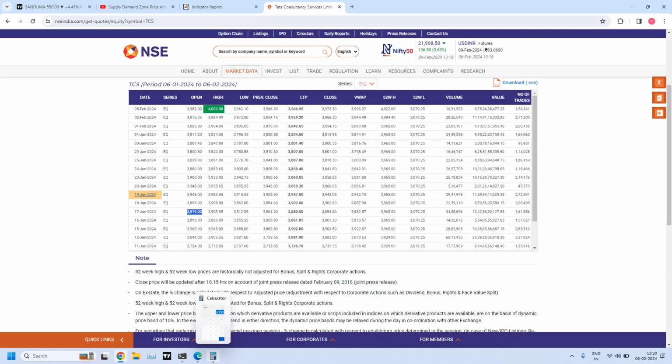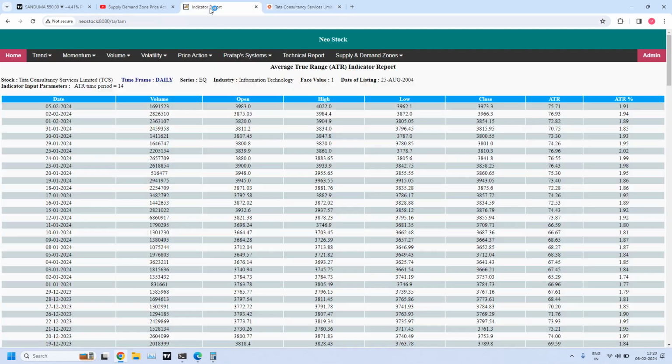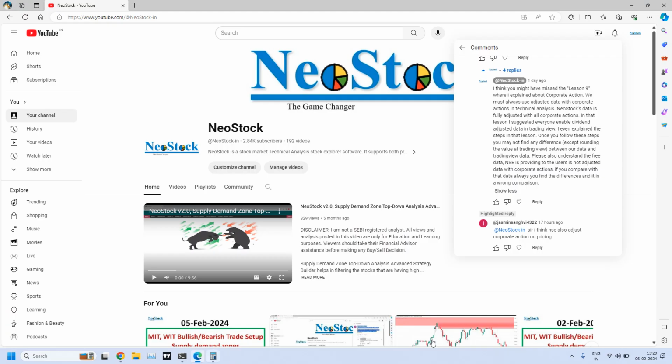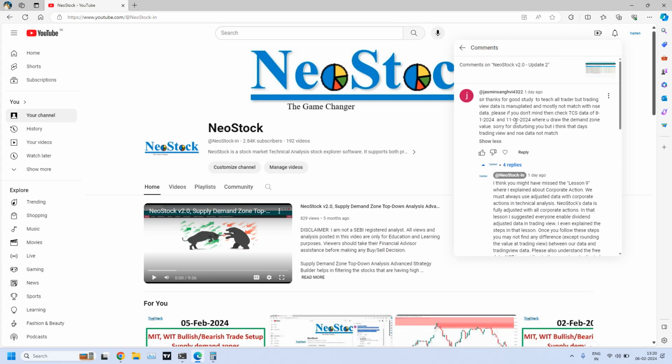So is it clear now? The dividend value is adjusted, and the adjusted value is showing. When I generate demand and supply zones, they are based on this adjusted data. So when you compare with NSE data, obviously you will see different data. Making such statements is very dangerous.